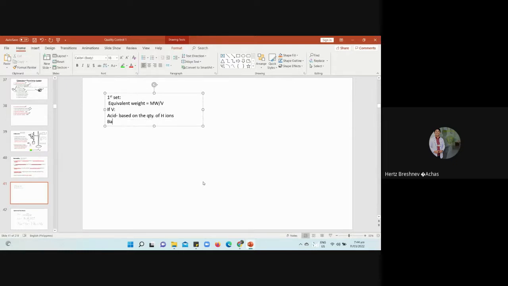If it is a base, it is based on the quantity of OH minus ions. And if it is a salt, it is based on the subscript of the cation.